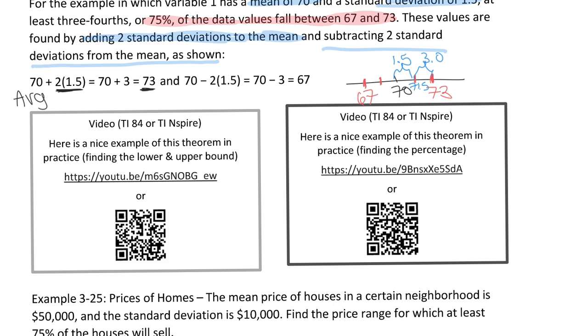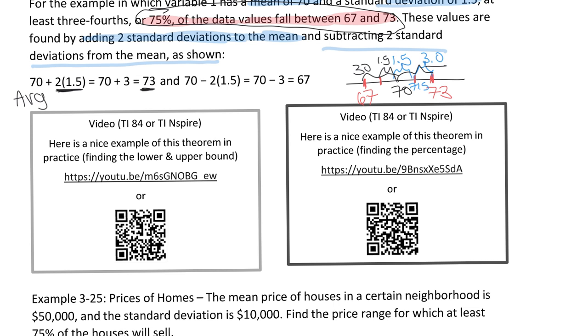I would have 1.5 here and another 1.5, for a total of 3. And what this theorem is stating is that 75% of the data values would fall between 67 and 73.